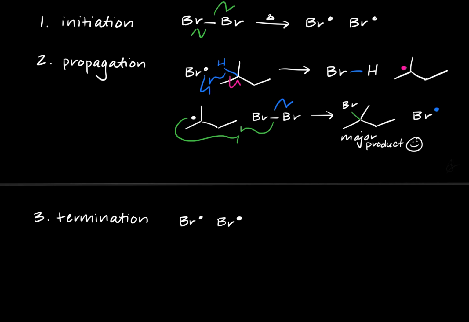You can take those 2 radicals and form a non-radical by pushing these electrons back together. You can also take 2 other radicals, so I could have taken a Br radical and the carbon structure radical, and form a bond between those 2.